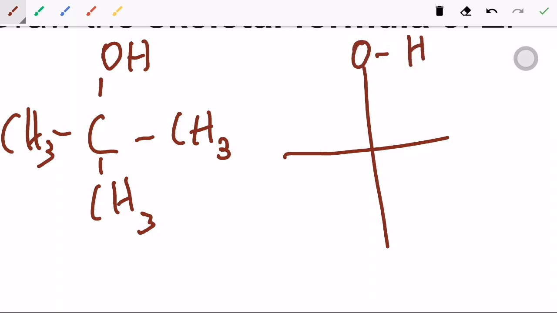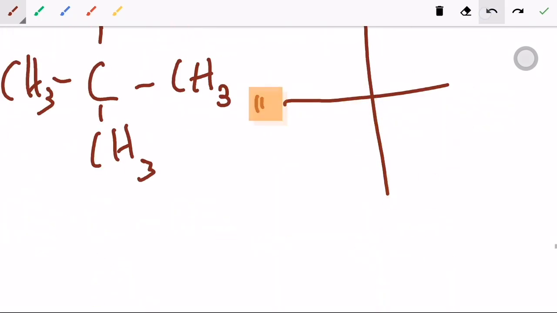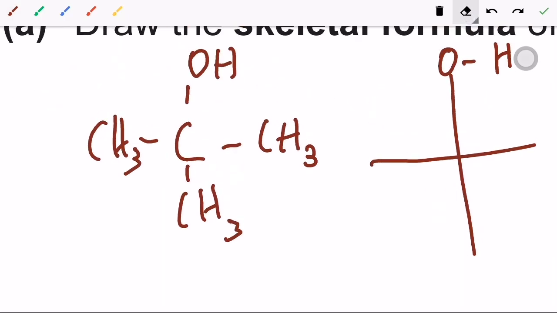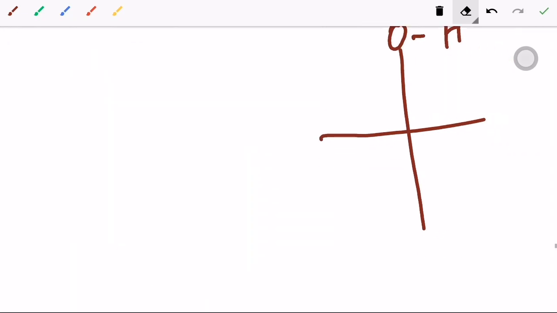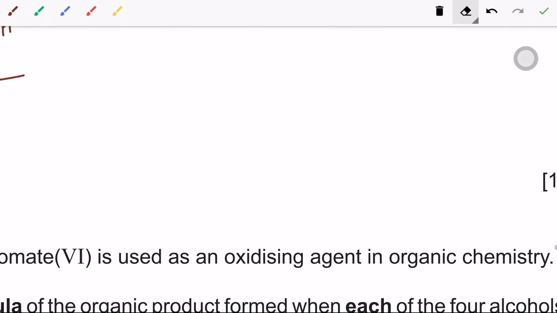Because then there will be a CH3, a C, CH3, and CH3. Of course, we don't write those. You must remember, we shouldn't write those. This is wrong. Also make sure they don't see your molecular or structural or displayed formula.